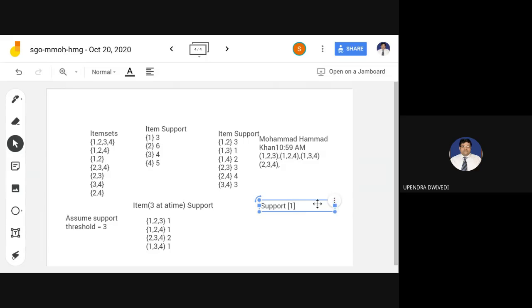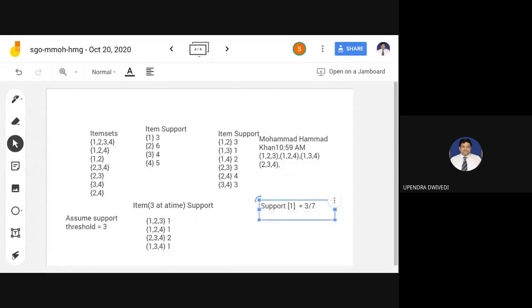It says the total number of occurrences involving 1. So we'll count the transactions involving 1: one, two, three. So 1 has occurred three times, divided by the total number of transactions. There are a total of 1, 2, 3, 4, 5, 6, 7 transactions. So that is the support of 1.